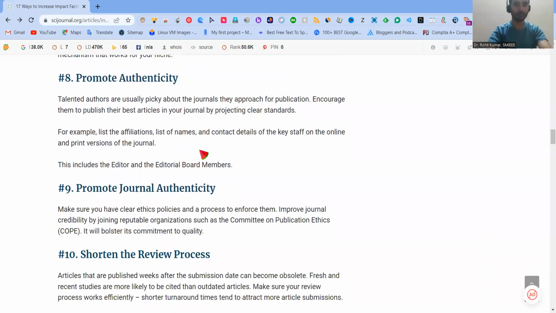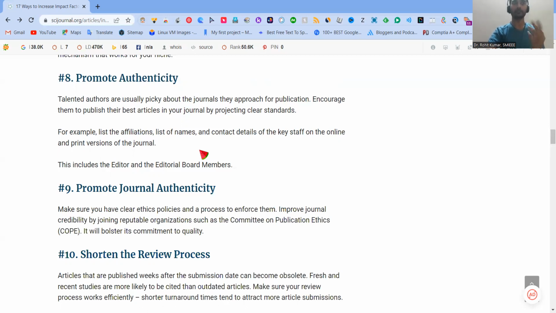Then comes promoting authenticity. So authors as well as the editorial teams try to promote the authenticity of their work, the published one as well as the one going to be published under the press, because they do know that if people have the right sort of labeling in their mind that yes, this particular journal is quite good enough. For example, IEEE, Elsevier, Springer, these are sort of top-notch publishing options for normal publishers.